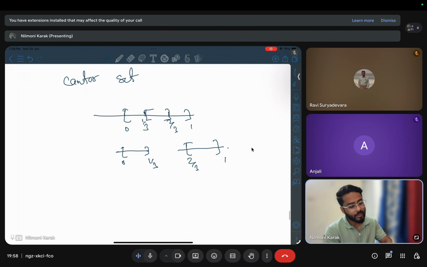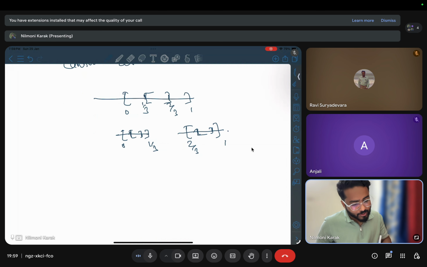Again you do the same: cut each into three pieces and remove the middle one. The measure of an interval is nothing but its length.